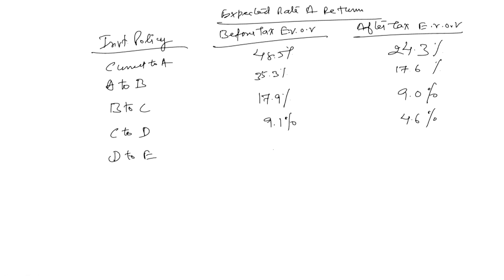The expected rate of return before tax is 6.5%, and here in this case after tax it is 3.2%. So, all these returns are now available with us. So, we have worked out all three things.